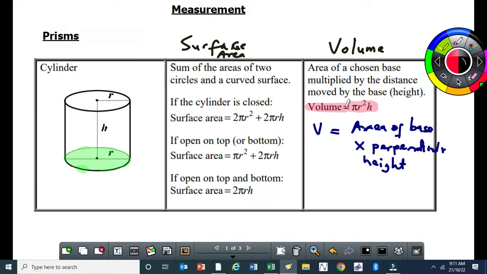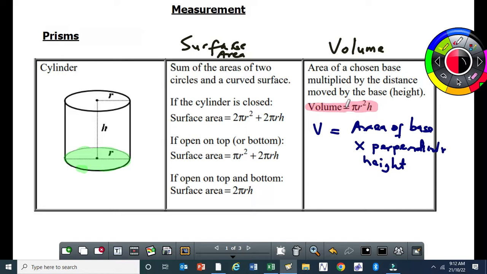The pi r squared refers to the area of the base. The h refers to the perpendicular height. Perpendicular to what? To the base. So your volume for a cylinder is pi r squared h. So the volume is very straightforward. It is very simple.